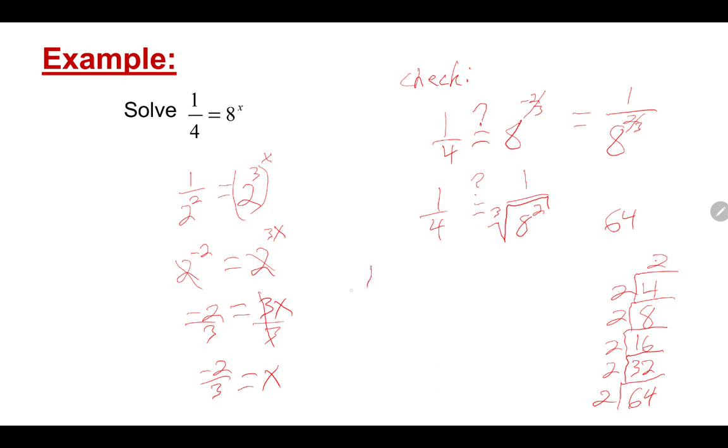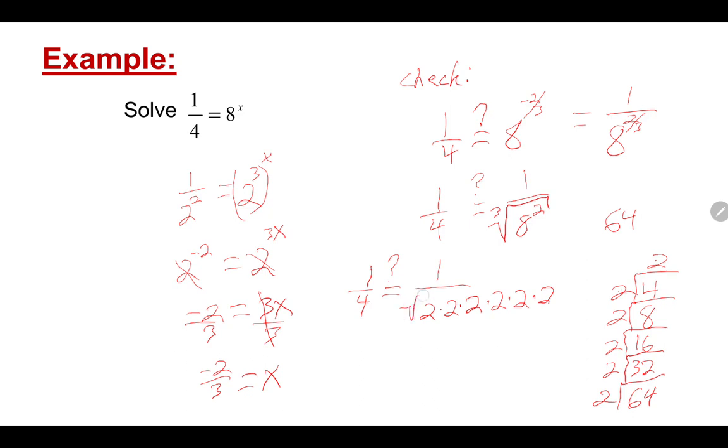So this becomes 1/4 equal to 1 over 2 times 2 times 2 times 2 times 2 times 2. 1, 2, 3, 4, 5, 6.